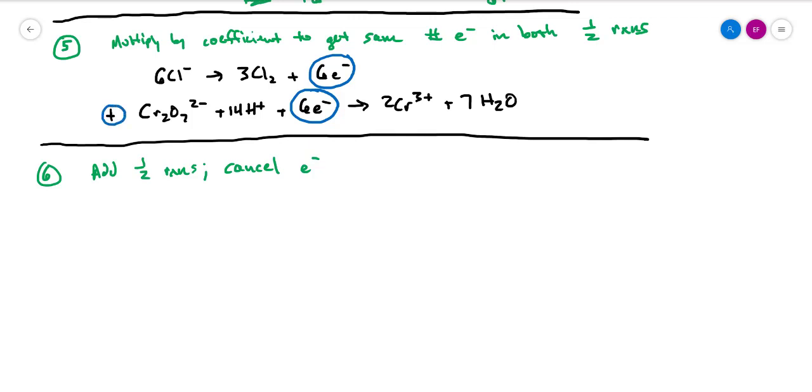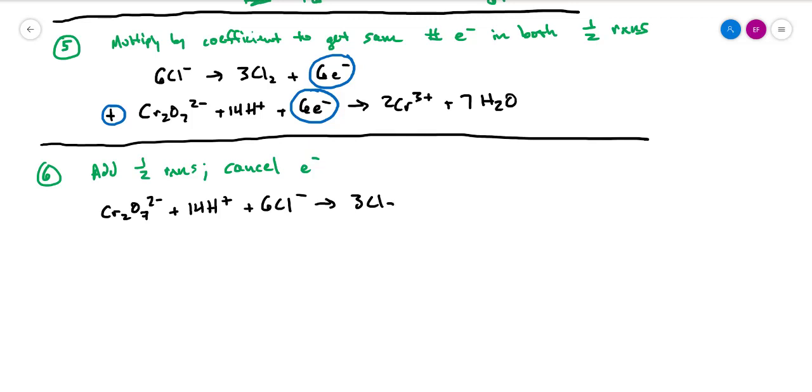So we can add these things up, and let's write this out. So if I write this whole thing out, add these together, I'm going to have chromate plus 14 of these H pluses plus 6 of the chlorides.